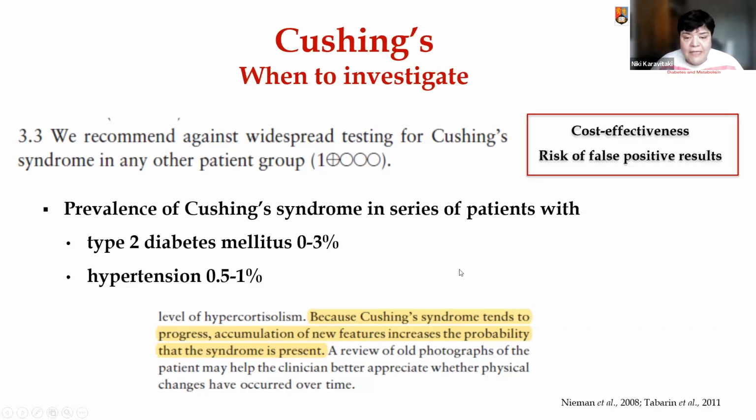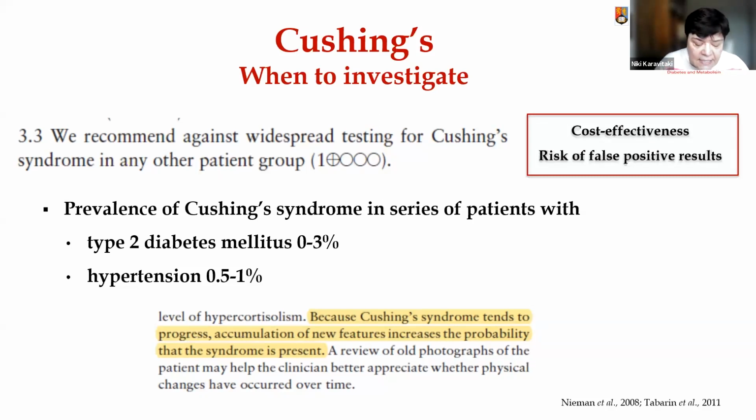Of course, we may have cases in which we are in doubt. They may not have the full manifestations, or many manifestations resembling Cushing's, and in such cases we may have a dilemma how far we should go. But again, we need to remember that because Cushing syndrome tends to progress, if we have a patient who gradually accumulates new features, this indeed increases the probability that Cushing syndrome is present.